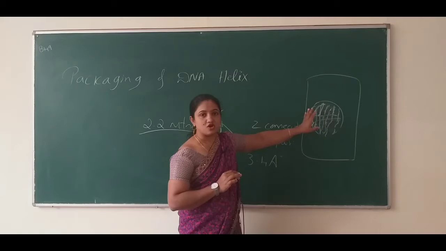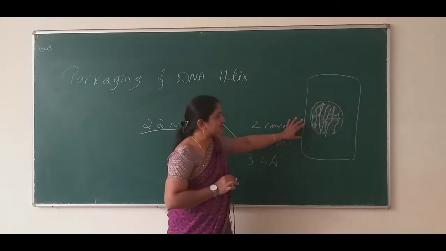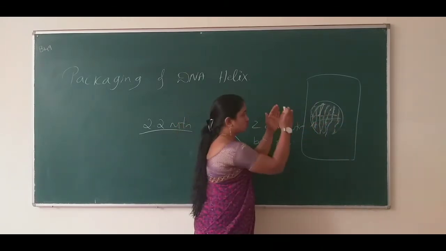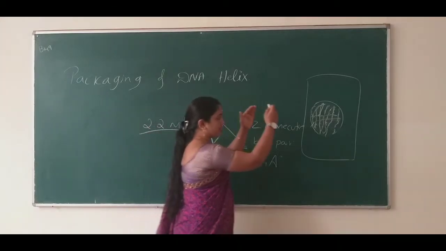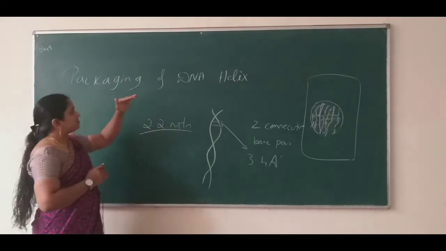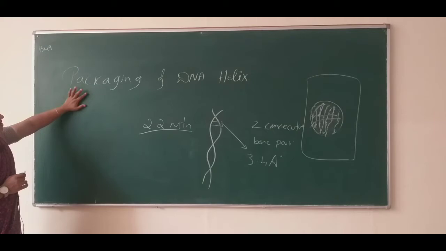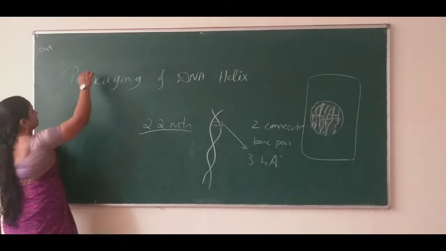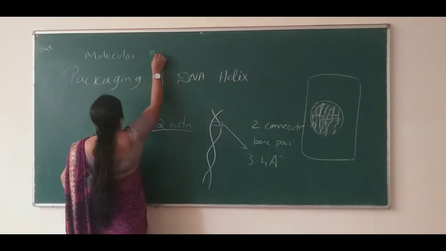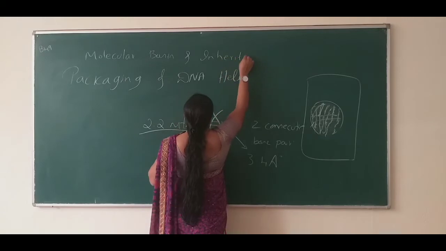Just imagine how many DNA helices there are, how finely and compactly packed in the nucleus. That description we are learning in a separate concept, packaging of DNA helix, which comes under molecular basis of inheritance.